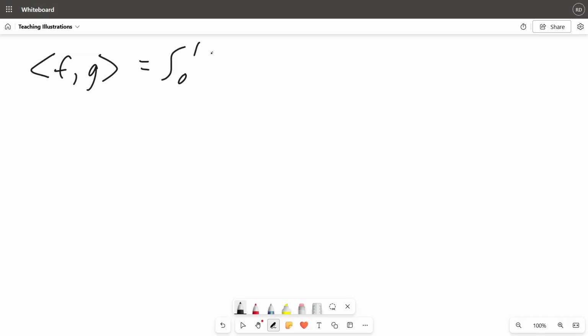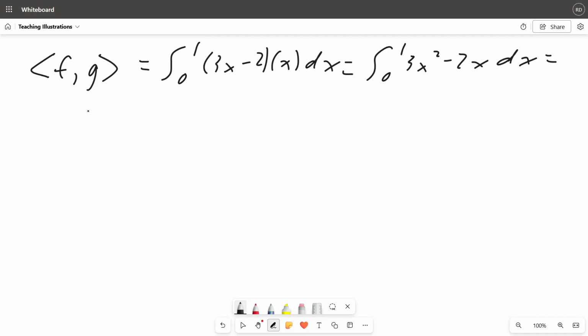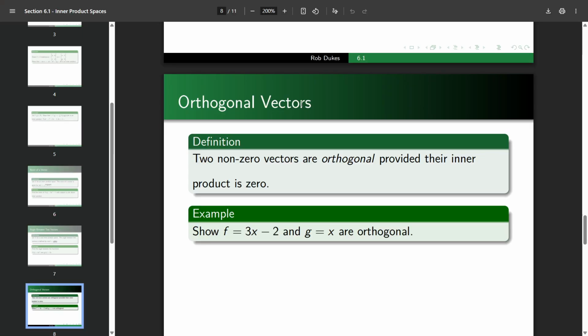The integral from 0 to 1 of (3x minus 2) times x dx would be the integral from 0 to 1 of 3x squared minus 2x dx, which is 0 to 1 of x to the third minus x squared. And we plug in, we get 1 minus 1, which is 0. Okay. So those are orthogonal in the function spaces.